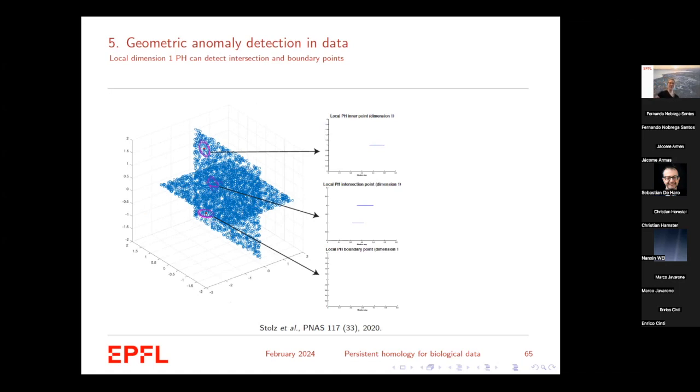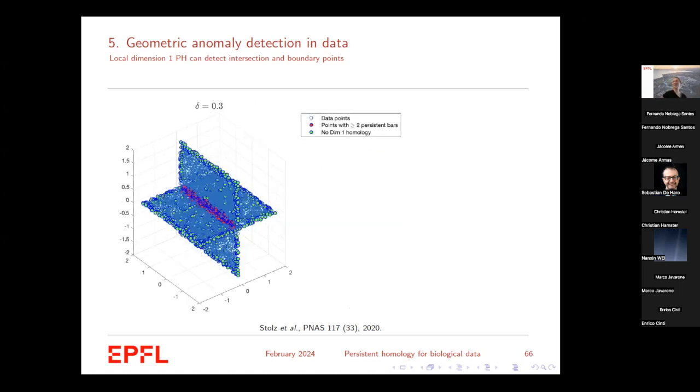Just by looking at the number of bars in the dimension 1 barcode, we highlight different types of points in this data set: points in red close to the intersection, in green close to the boundary, and uncolored if we're on the inside of one of the planes.